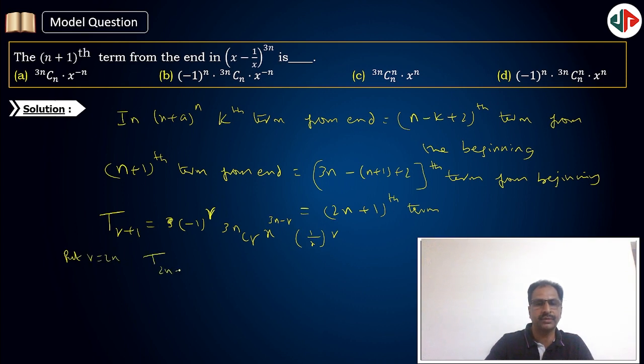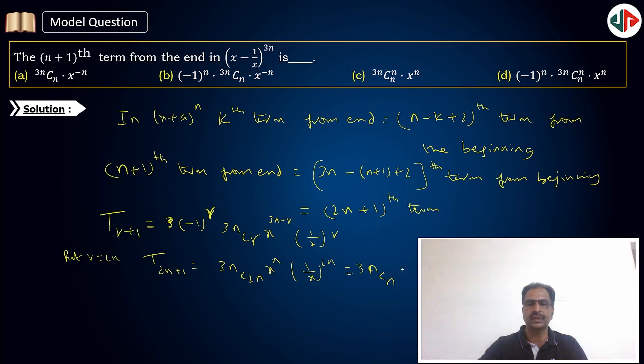Then T(2n+1) = (-1)^(2n), which is +1 because 2n is an even number. So 3nC2n x^n into (1/x)^(2n). This is nothing but 3nCn. nCr is nothing but nC(n-r). So 3nC2n is also 3nCn x^(-n) or 1/x^n. Option A.